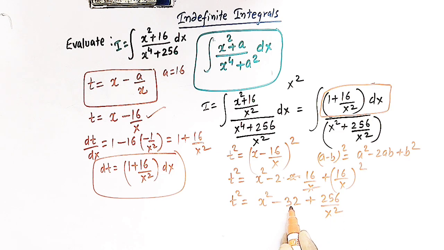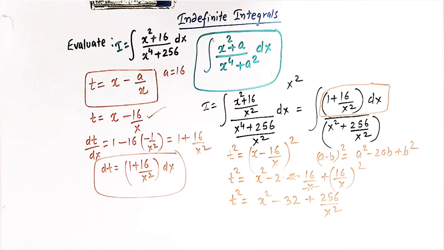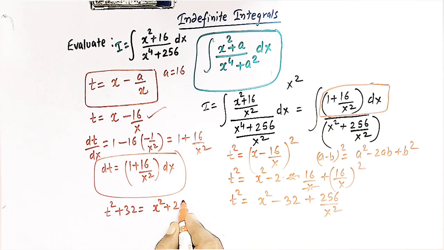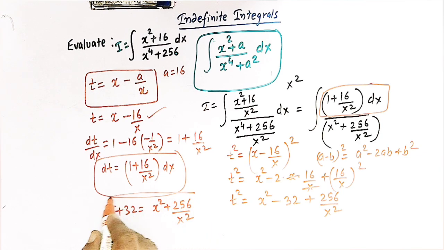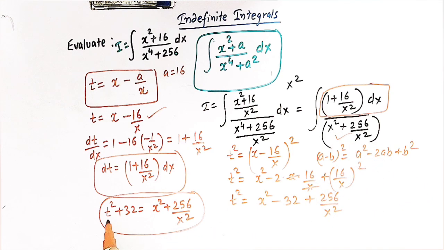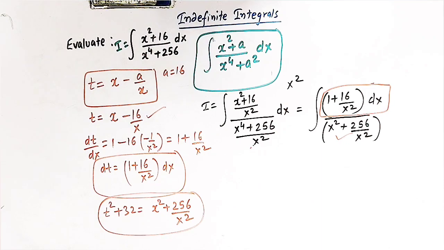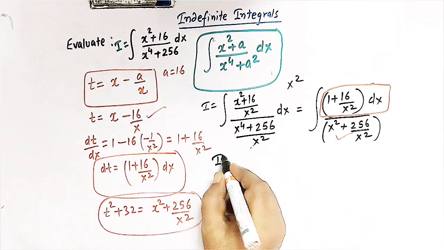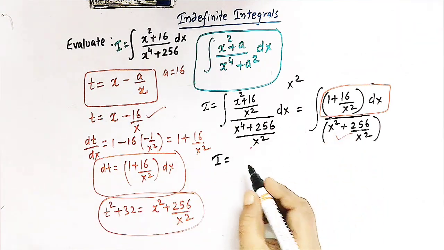Now taking this term to the left hand side. So taking minus 32 to the left hand side, we can now write t square plus 32 is equal to x square plus 256 over x square, right? So now we can replace this expression with t square plus 32. So now our integral I takes the form in terms of t.